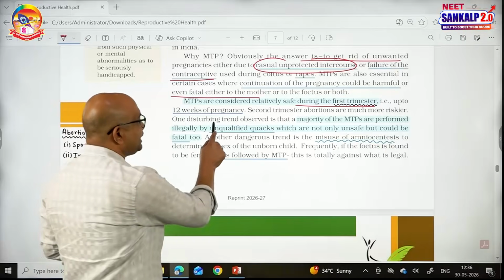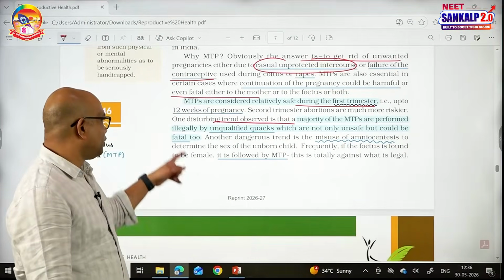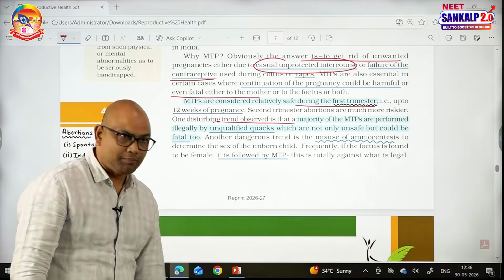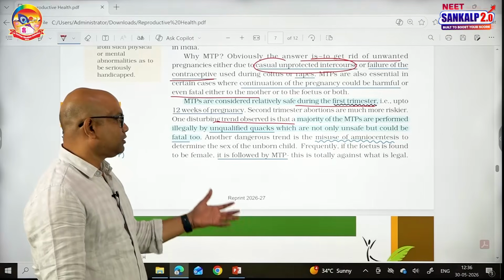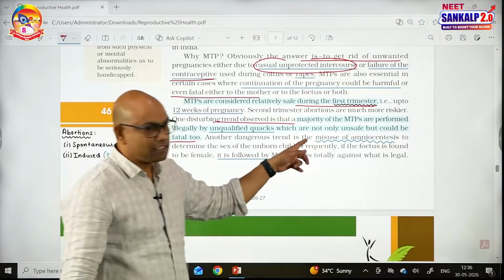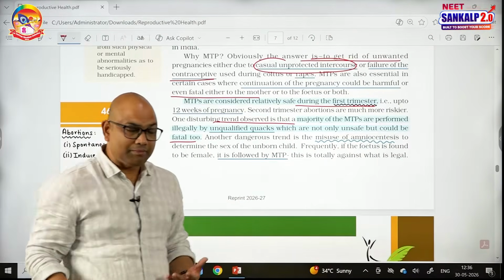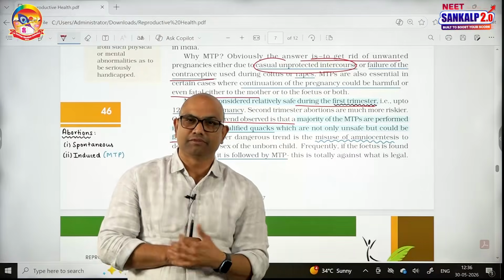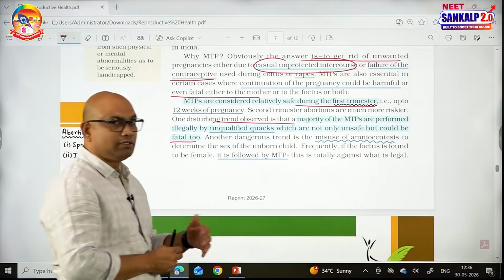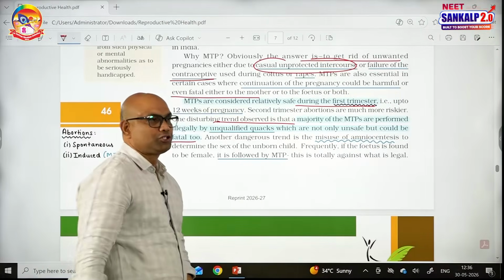One disturbing trend observed is that the majority of the MTPs are performed illegally by unqualified quacks, not by qualified professionals, which is not only unsafe but could be fatal too. Another dangerous trend is misuse of amniocentesis. I told you already that amniocentesis can determine the sex of the baby. So once they know through amniocentesis that the growing fetus is female, they go for abortion.